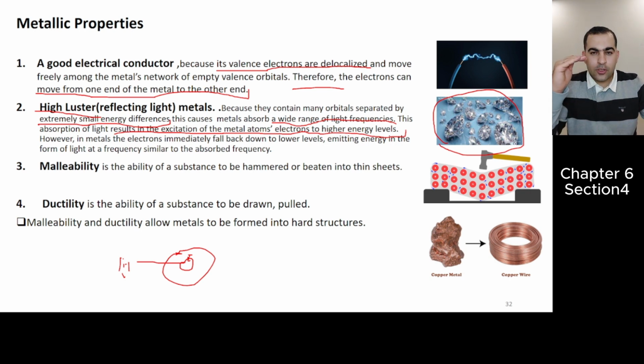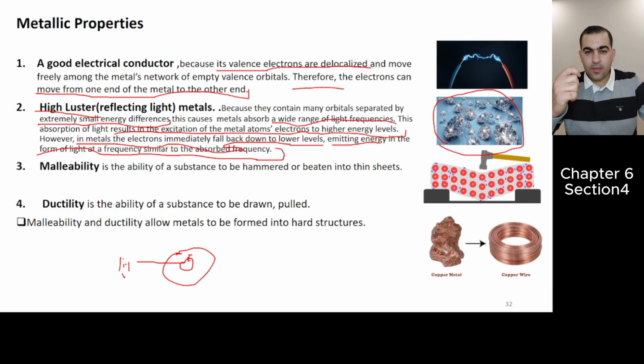But we know that electrons do not stay in the high energy level. They fall back and they emit the light they have absorbed. Here it's written: in metals, electrons immediately fall back down to a low level, emitting energy in the form of light at a frequency similar to the absorbed frequency. This means the amount of light they release through emission equals the amount of energy they absorb.